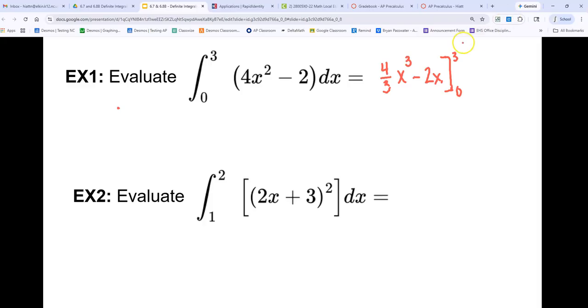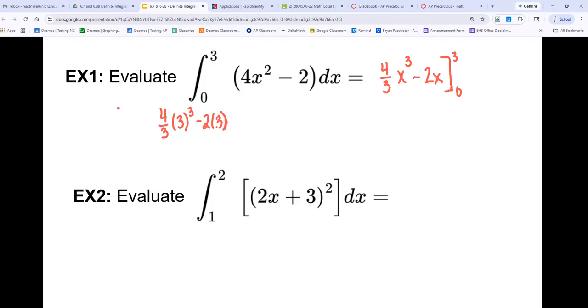Okay? So now you need to plug those numbers in, right? So you would do 4/3. You always do the top limit first. So 4/3, 3 cubed minus 2 times 3.